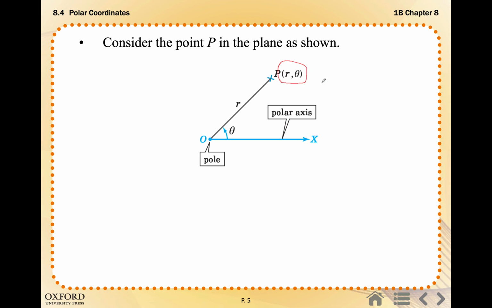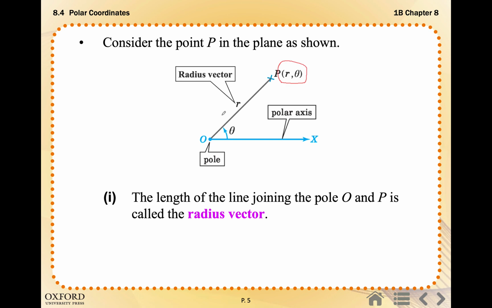Now we are going to use r and theta. What is the meaning of r? R is the radius factor, that is the length joining O and P. That means the length of OP, and it is like a radius of a circle.